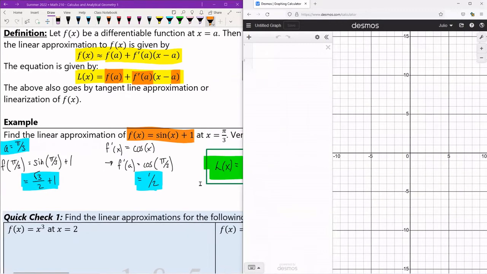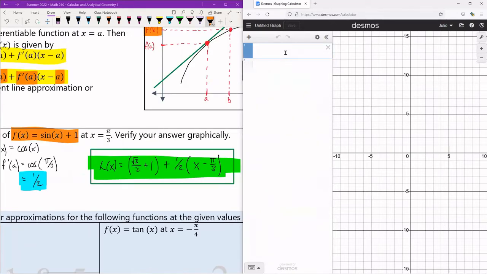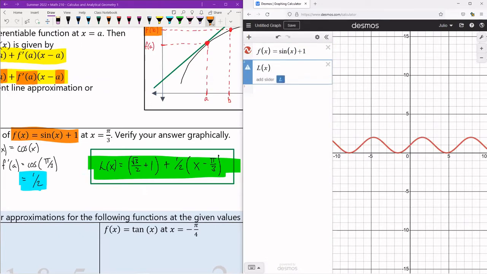So let's go ahead and open up Desmos. I'm going to first plug in sine of x plus 1. We know that's our equation, right? So this is going to be my f of x. And now I'm going to put in L of x. I'm going to put in that approximation.